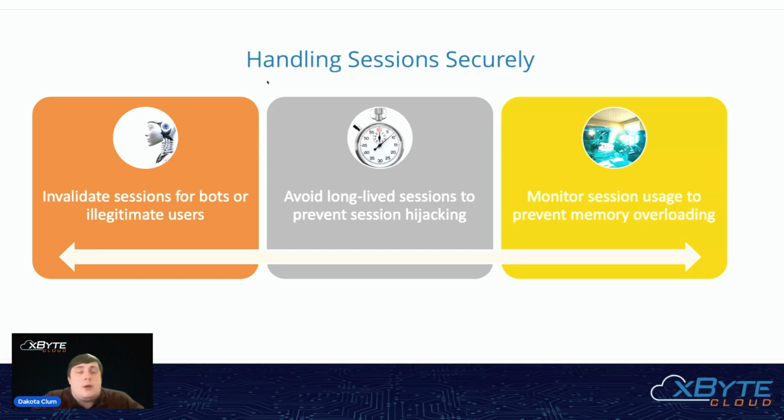Another common, what I'll call an attack vector, is sessions, actually. Within ColdFusion, you have the ability to set unique sessions for each visitor, where this can cause issues even from a service unavailability standpoint, as bots or web crawlers, unlike a traditional visitor, don't have access to cookies. So each request that they make to your site, page over page over page, could actually create an individual session within ColdFusion.